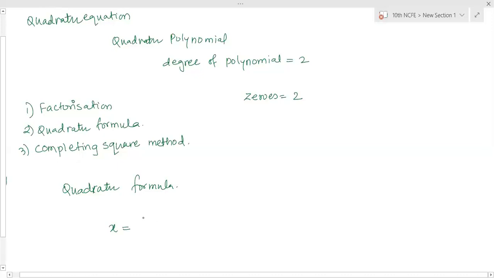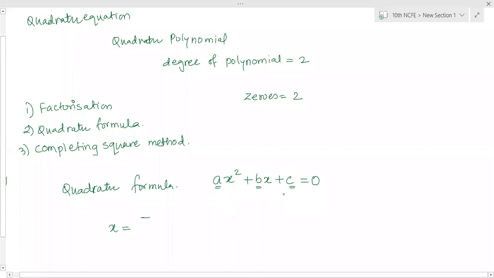x is equal to... Now the quadratic formula: if the quadratic equation is written in this form, ax² + bx + c = 0, then a is the coefficient of x², b is the coefficient of x, and c is the constant term.